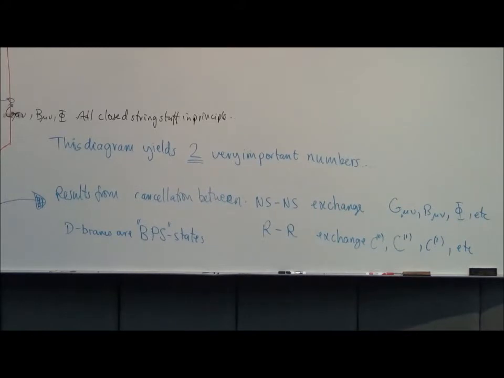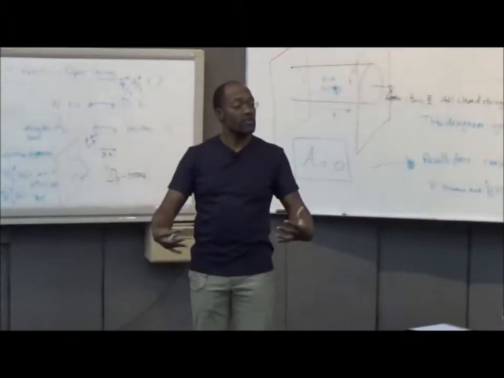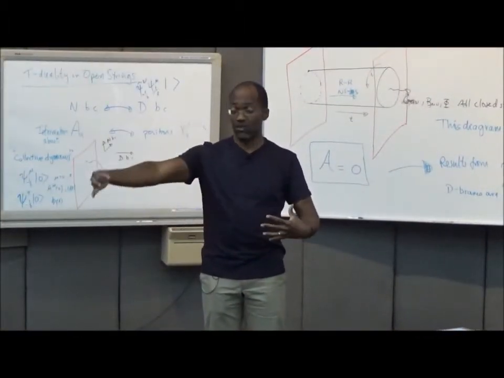Okay, and so one of the wonderful things about D-branes that is being revealed by this calculation is that they're BPS states, and some of the things we're going to write down from this calculation, some of those properties then, are properties that we can trust at arbitrary levels of the coupling. And that's useful because you want to be able to sometimes say things at strong coupling. Your usual perturbative techniques don't apply at strong coupling.